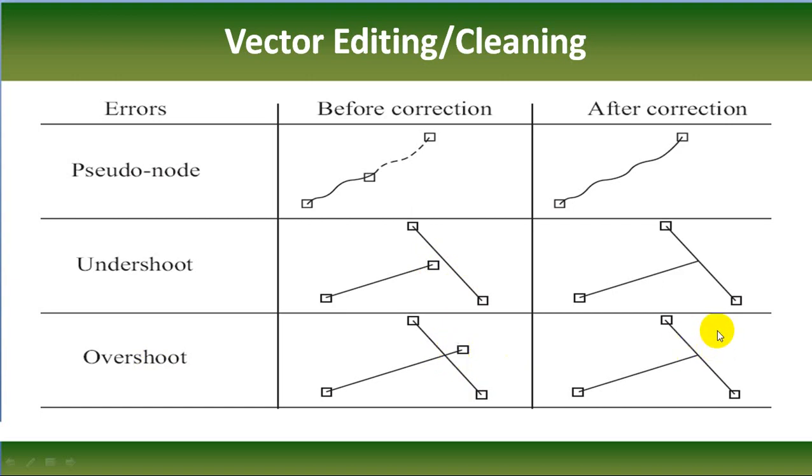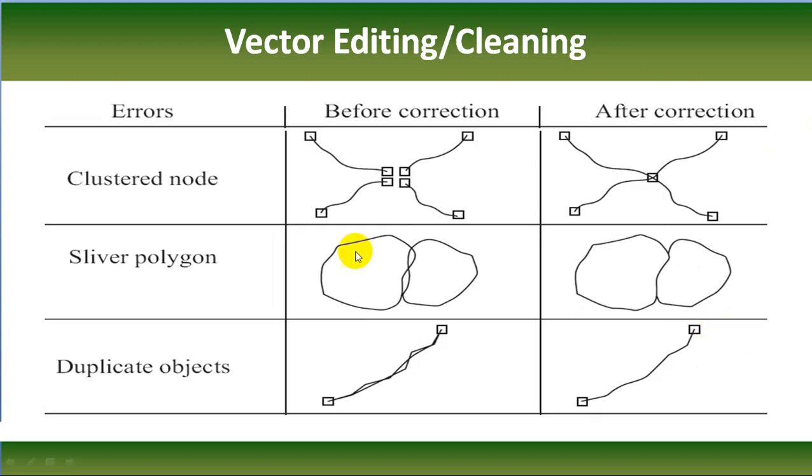So you should check whether such errors have crept into your vector data or not. If they exist, you need to remove those errors. Clustered node. Four lines should meet at a common point, but actually they do not.